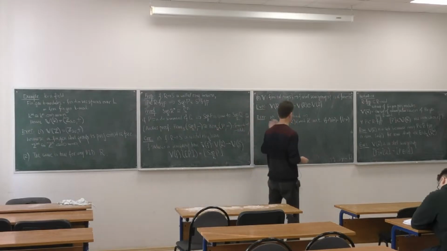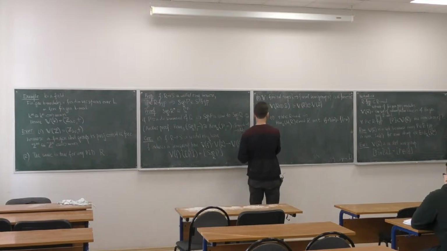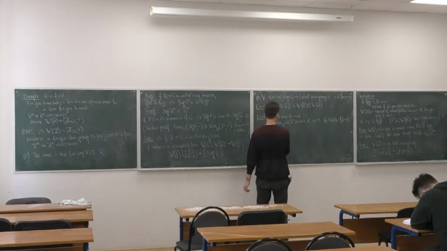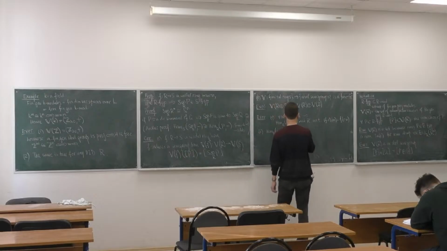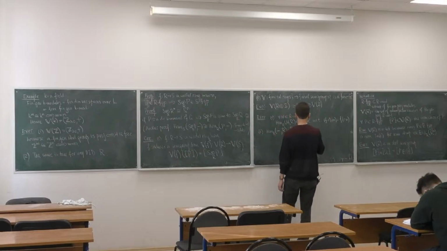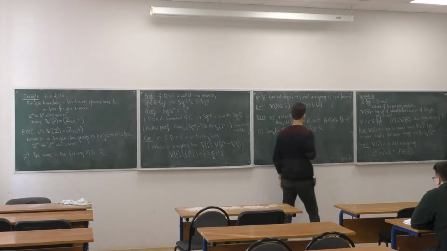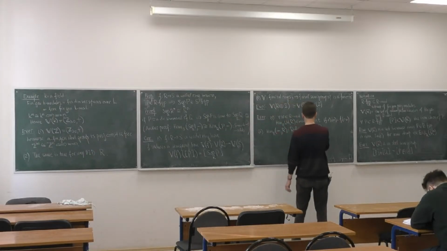In the general case, this operation is not a bijection, is not an equivalence between the respective categories. But if we restrict it to finitely generated projective modules, then it becomes an equivalence between finitely generated projective left R modules and finitely generated projective right R modules. This functor is, of course, contravariant, so to get an equivalence, we must replace one of the categories by the opposite one.